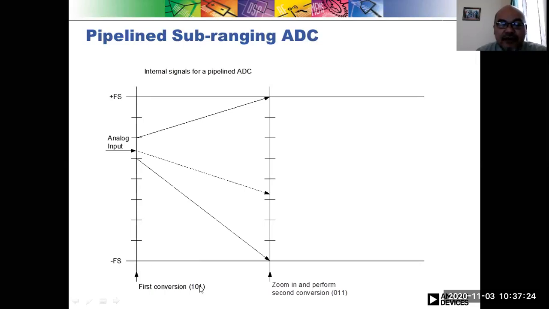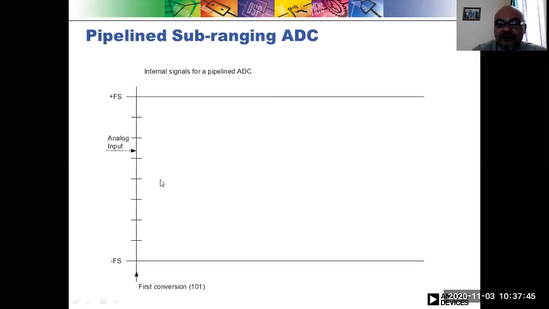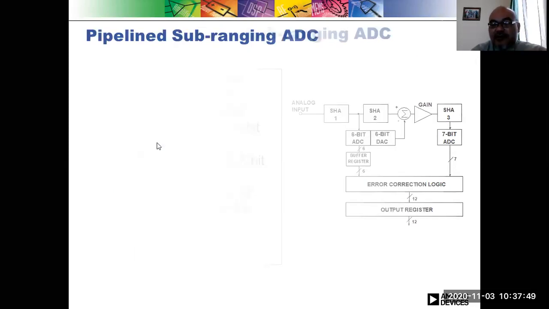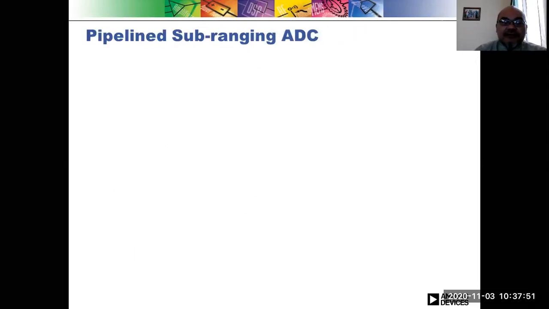So maximum until 101, which is 4 plus 1, 5. 1, 2, 3, 4, 5, right? Until here. So let's consider it similar to successive approximation to get 101. But actually it will use flash rather than SAR. As mentioned here, 6-bit flash. Later we will discuss about flash ADC.